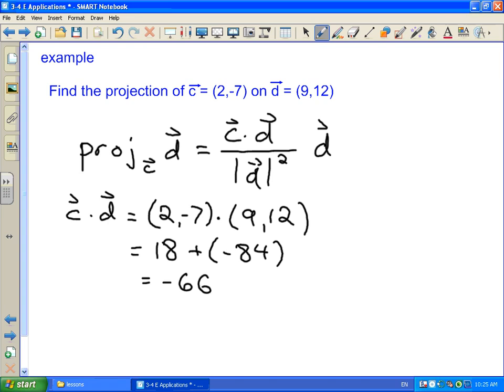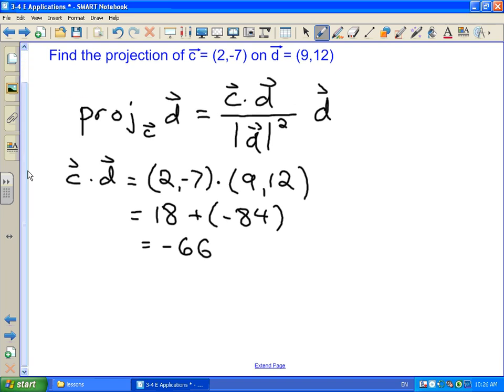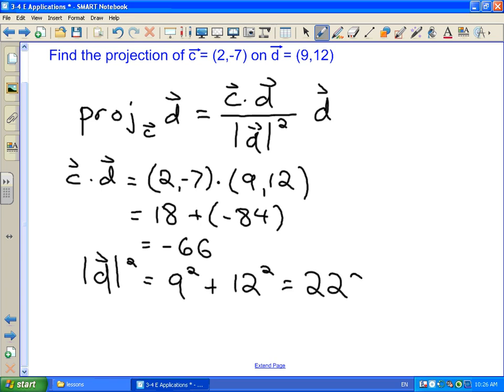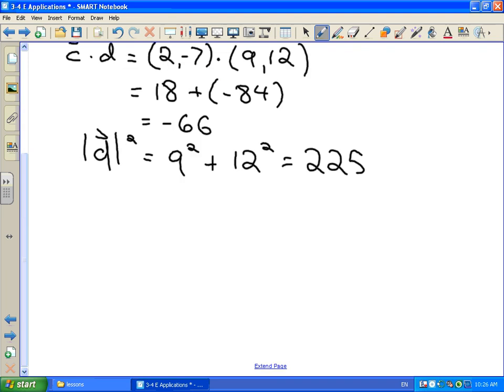Then in the denominator, we want the magnitude of D squared. So the magnitude of D squared is just going to be, well, we just square our two components and add them up. So that's just going to be 9 squared plus 12 squared, which gives us 225. And then we can put all of this stuff together.